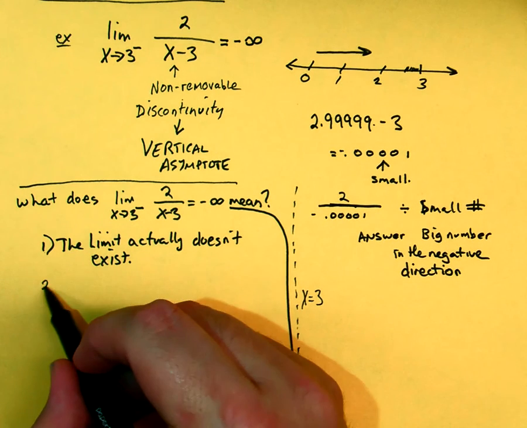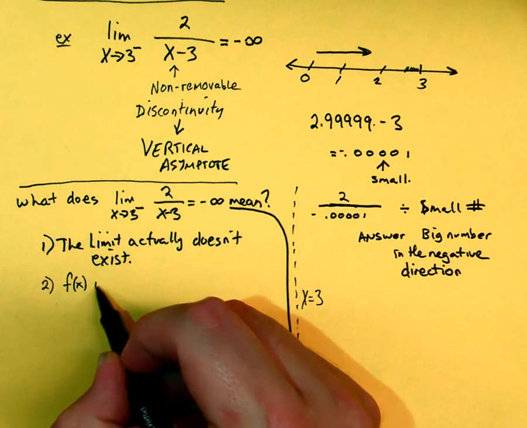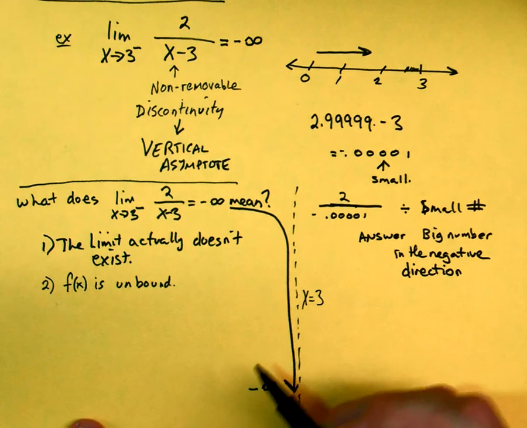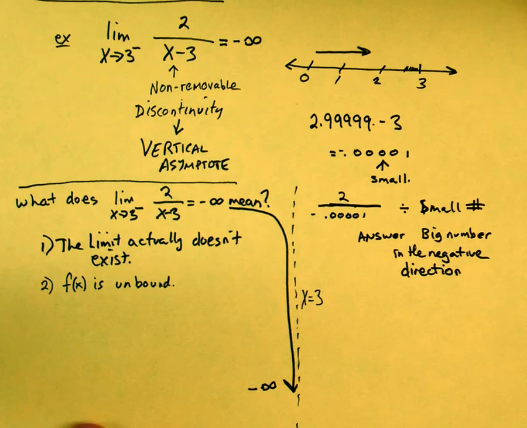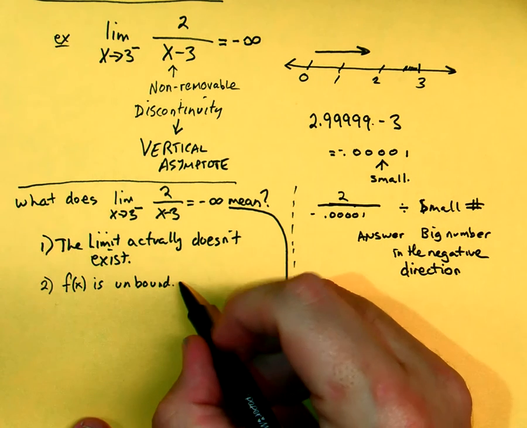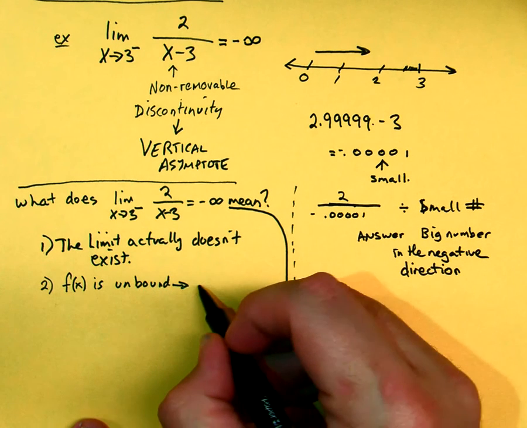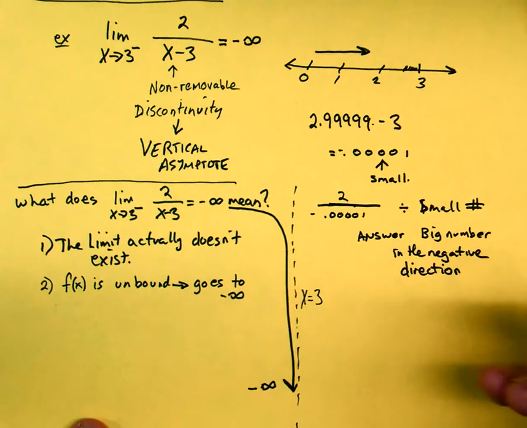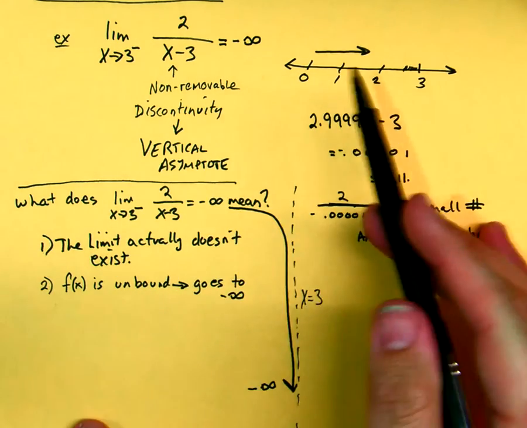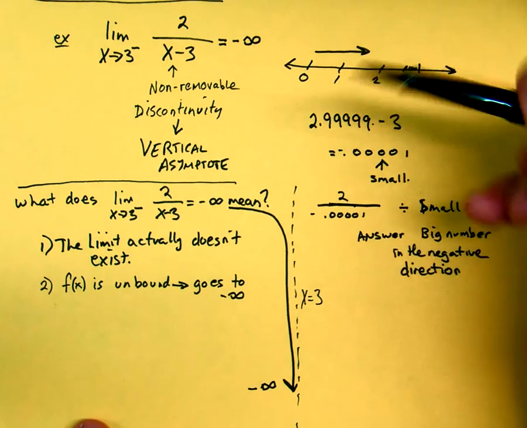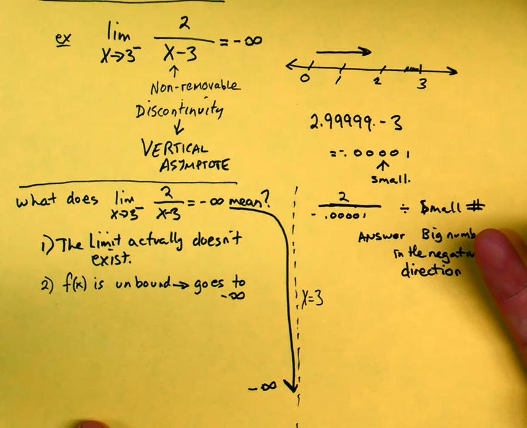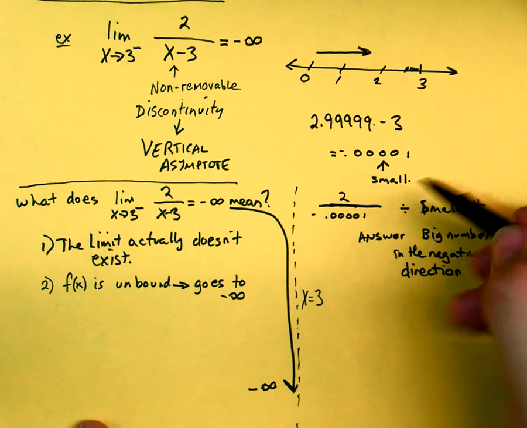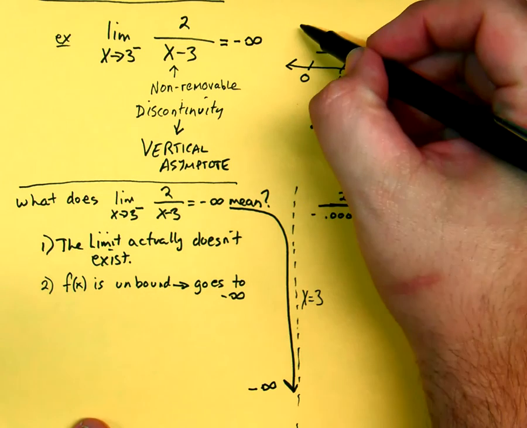2, f of x is unbound, which means it has no bounds, which means it goes on forever and ever. So it goes to negative infinity. Now, if we were coming in from the right, we'd have like 3.0000001 minus 3, and we get a positive really small number, and we find out that the function is going towards positive infinity in that case.